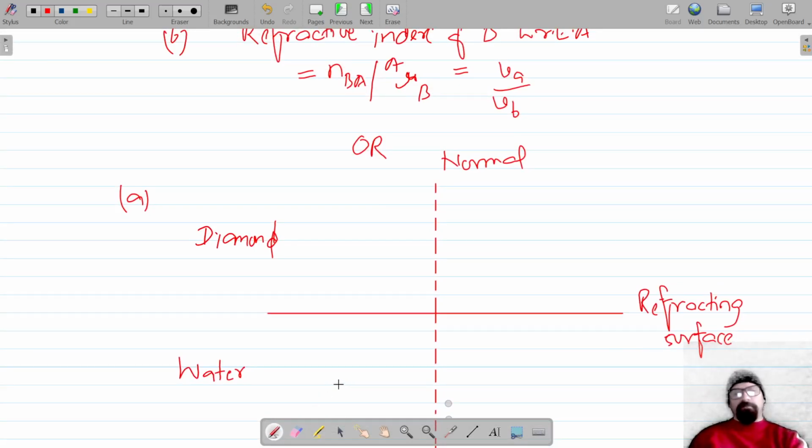All right. Now the ray of light is coming from the diamond. So let this be the incident ray, and the angle between the incident ray and the normal is the angle of incidence.